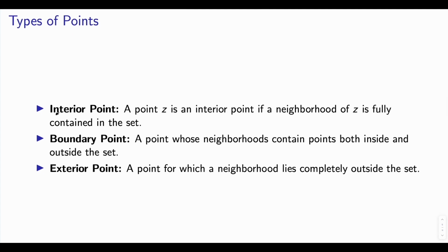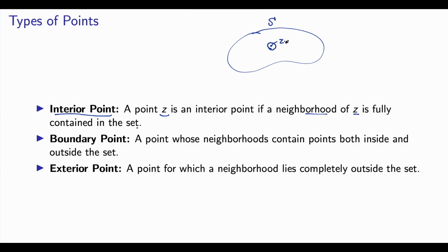First, interior points. A point z is an interior point if a neighborhood of z is fully contained in the set, right? It means that suppose you have a set S, and this point is an interior point if you draw a neighborhood, looking like a disk of radius epsilon, around it.